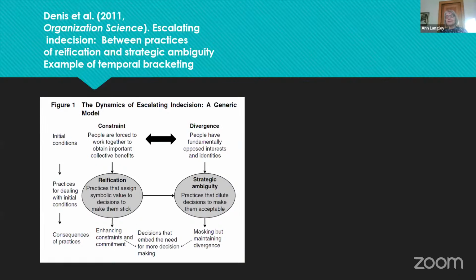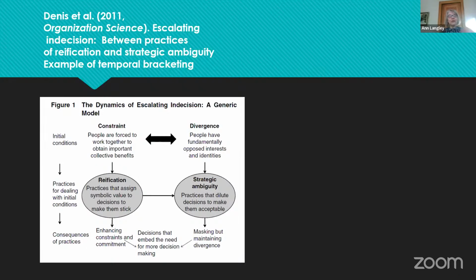And on the other hand, they hated each other. So they couldn't agree about anything. They had to stay together. They were stuck. So they had this initial condition of constraint. They had to be together, but they couldn't agree. And so how were they going to work out how they were going to do this merger?